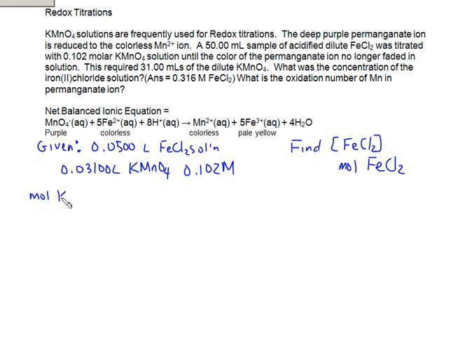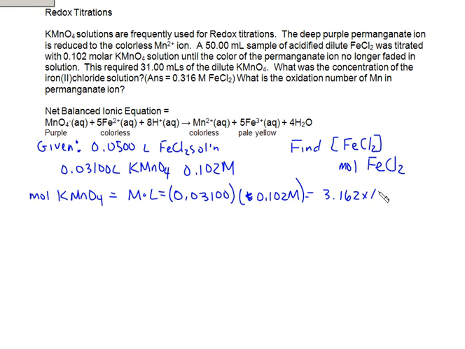So moles of the potassium permanganate equals molarity times liters, which is 0.03100 times 0.102 molar. When we go through this calculation, we find we have 3.162 times 10 to the negative third moles of potassium permanganate.